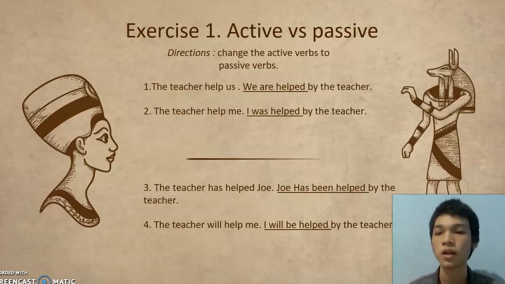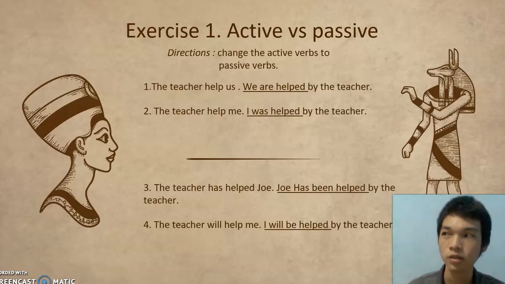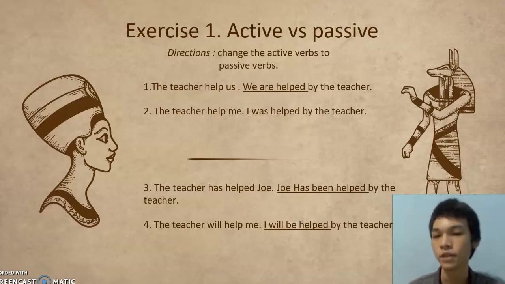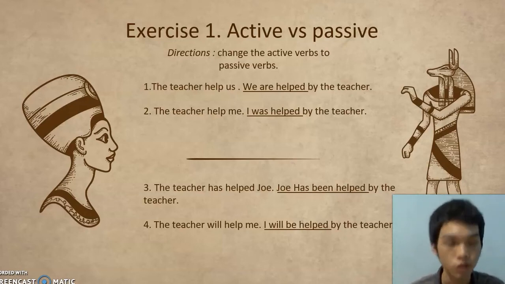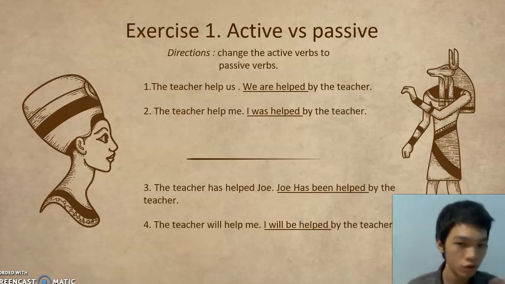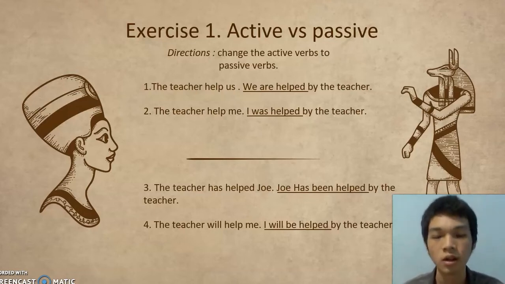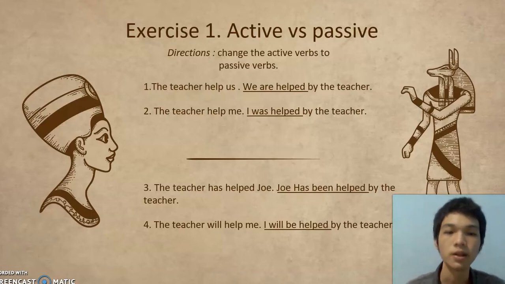It might be a bit confusing, but it's okay, because remember the basic of active versus passive: active is what you say directly, even though you talk about the past. Like "The teacher has helped Joe," and you continue that sentence, so it becomes "Joe has been helped by the teacher." These two sentences have the same meaning, but just a different condition.